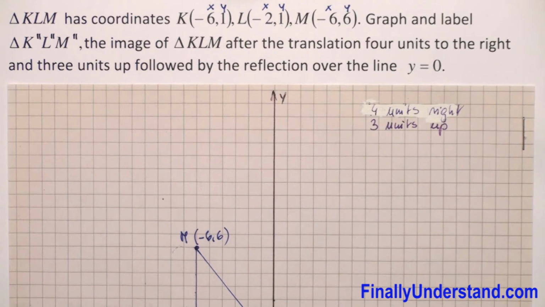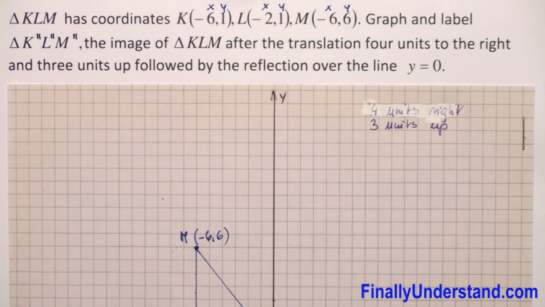First, what is translation? Translation moves every point of a figure the same distance in the same direction. The translation changes the position of a figure without changing its size or shape.